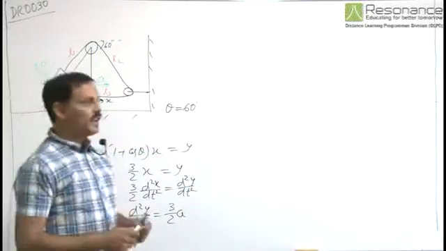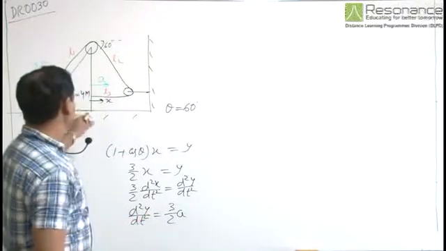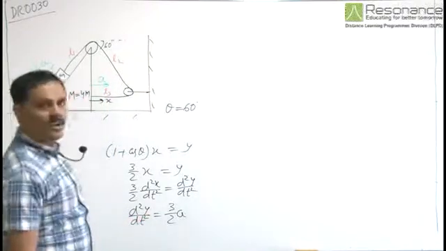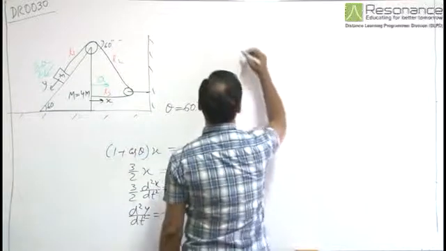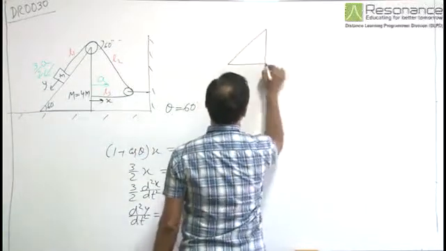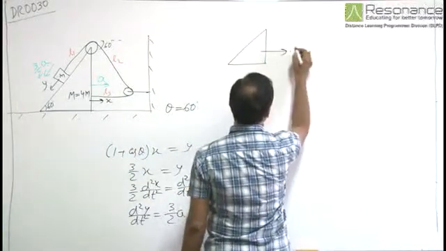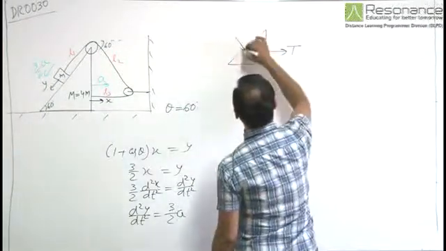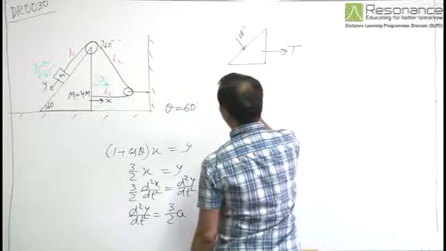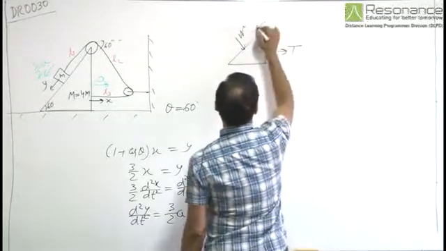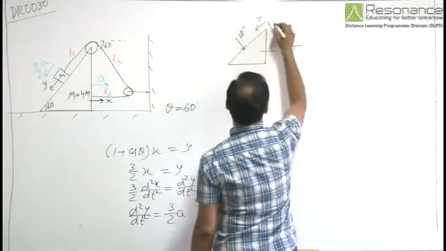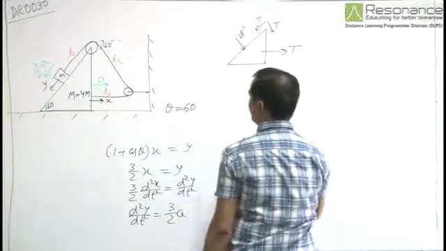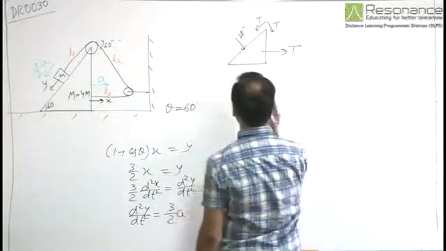Now we write the equations by drawing the free body diagram of wedge and block. For the wedge, the forces on it are the tension T, the normal reaction exerted by the block on the wedge, and the tensions due to the pulley on the top of the wedge.